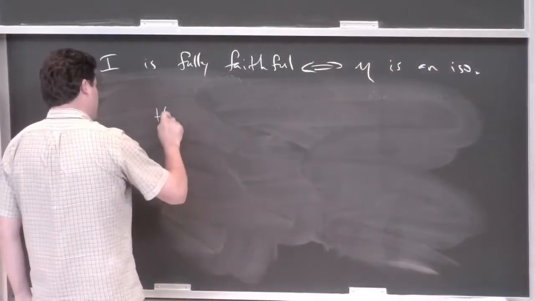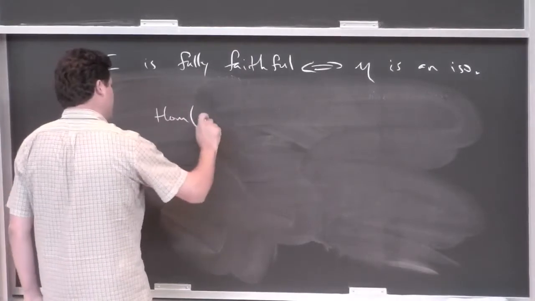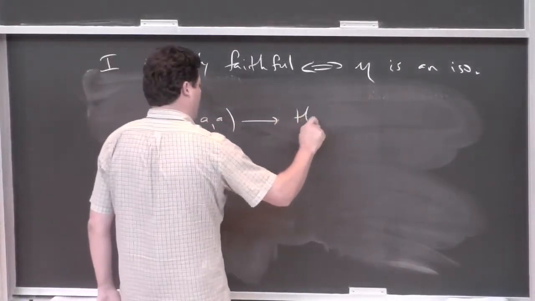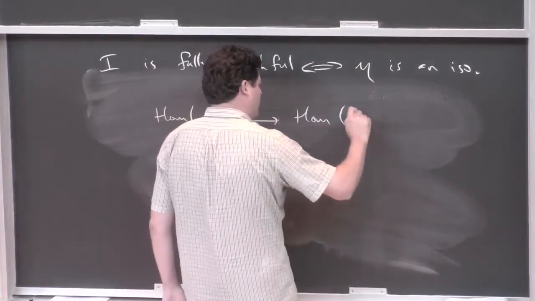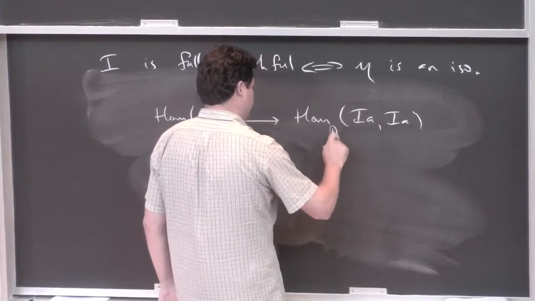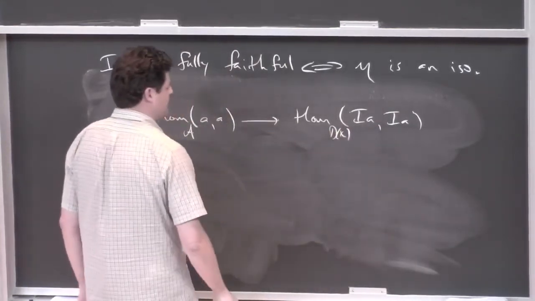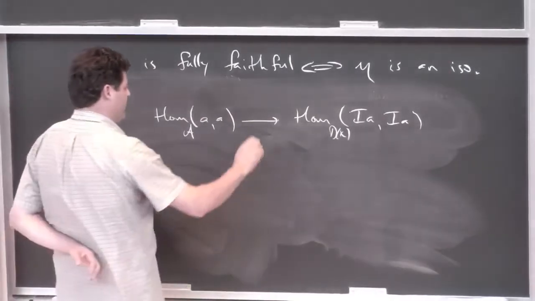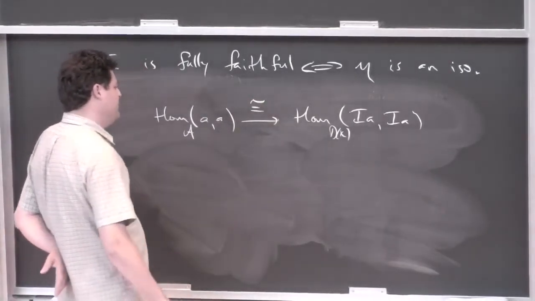Right, the map from Hom_A(A, A prime) in A to Hom_D(IA, IA prime) in D of X. Fully faithful means that this map is an isomorphism.